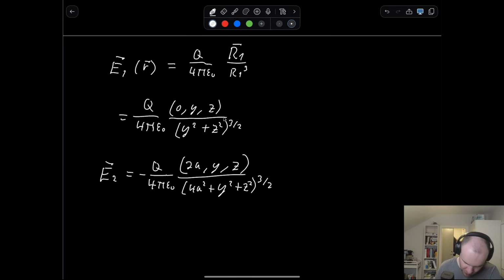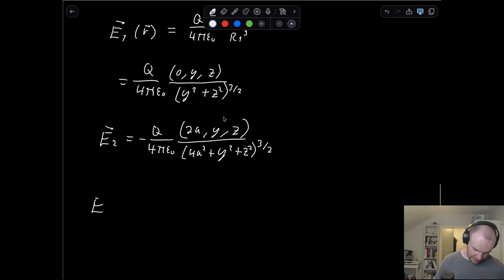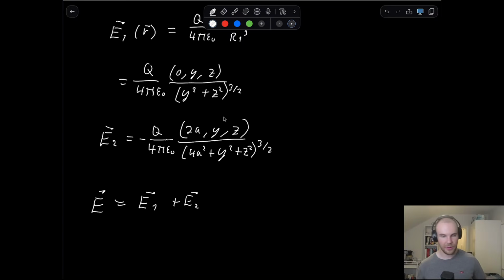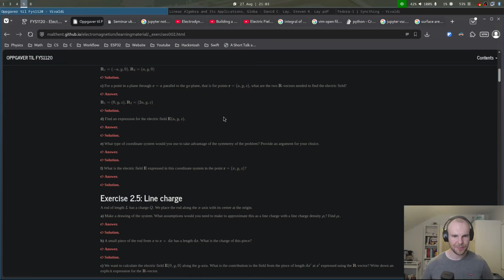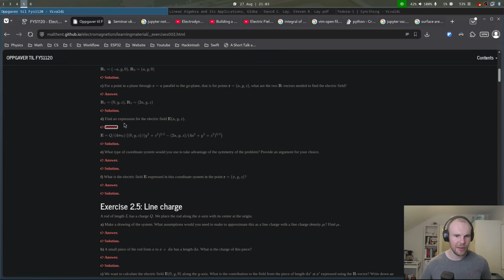And all you have to do is just add them together. The electric field is then just E1 plus E2. I'm not going to write them out because I would just repeat what I already wrote. Okay, so that should be very good, and you see this is all correct.